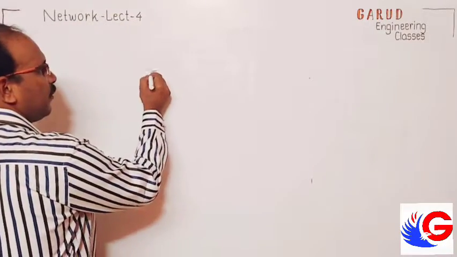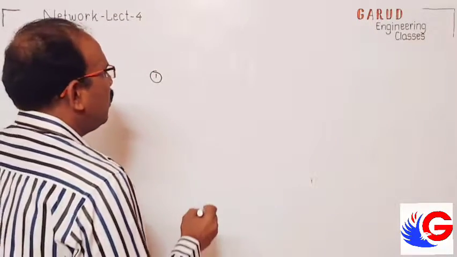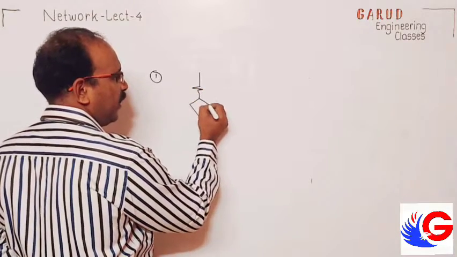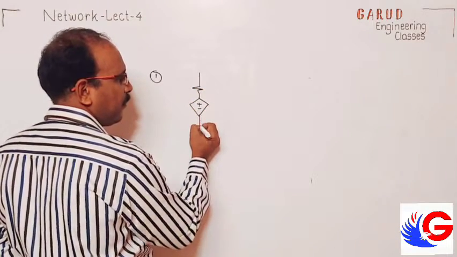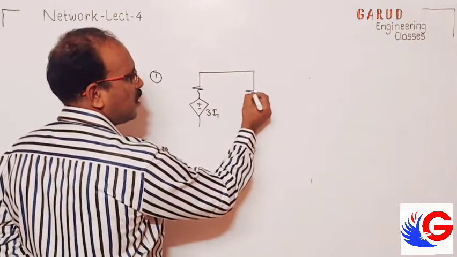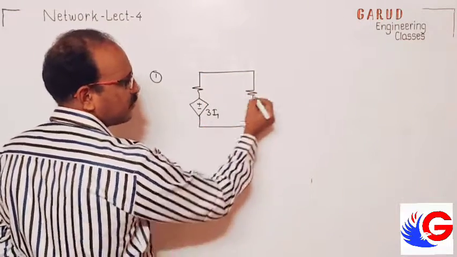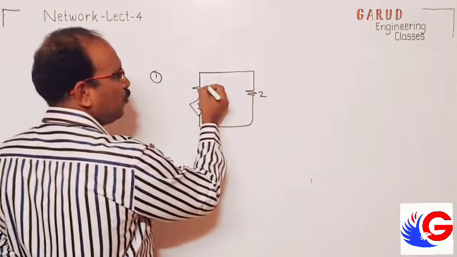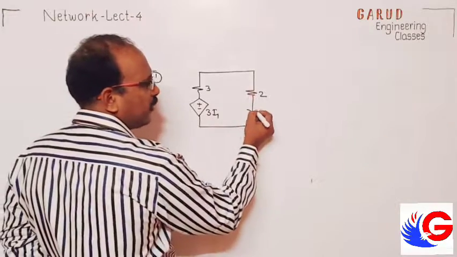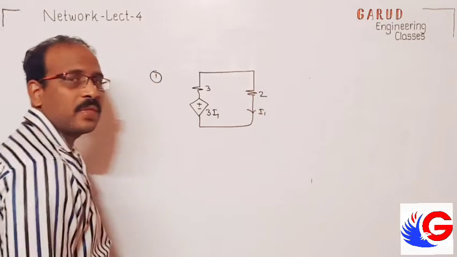First thing: suppose there is a circuit with a dependent source 3I1, like this, with 2 and 3, and suppose I say this is I1.